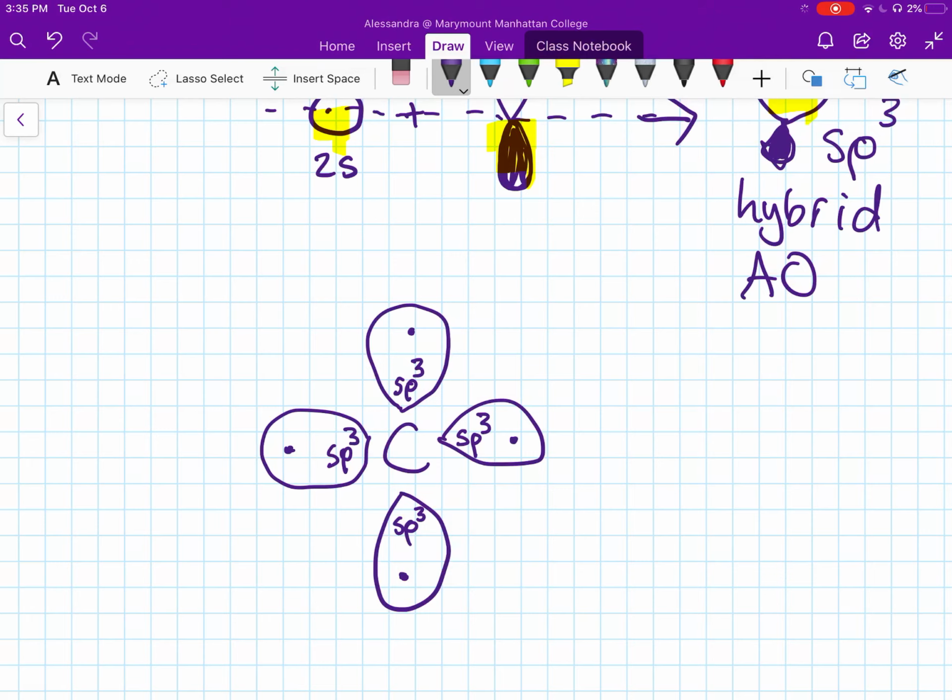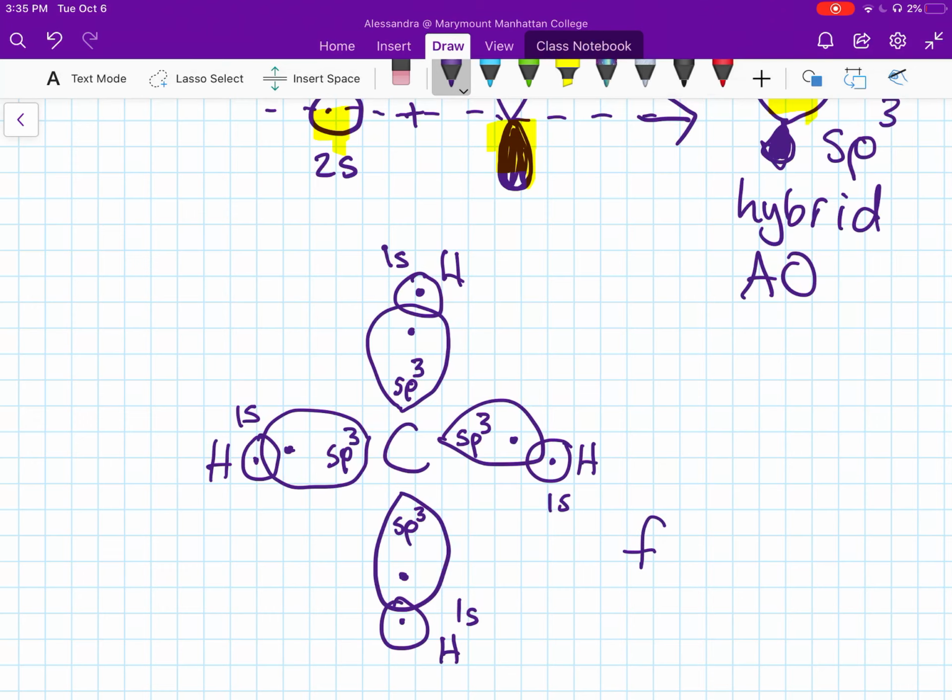And now I can imagine hydrogen coming with its 1s orbital and forming a perfect tetrahedral structure where the hydrogen 1s orbital overlaps with one of the sp3 hybrid atomic orbitals on carbon. So this gives four equivalent bonds and a tetrahedral geometry.